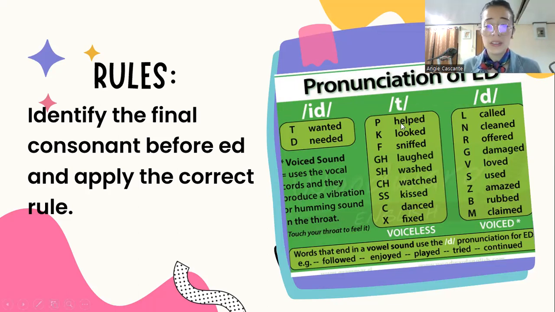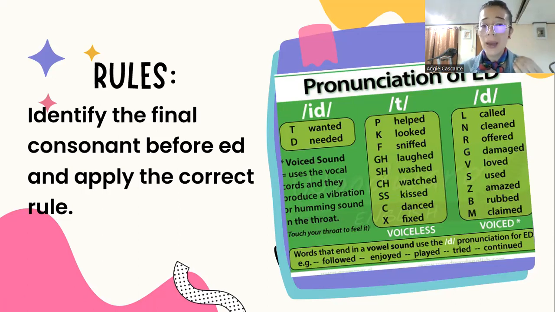These rules say that if you have the final consonant as a P or K, F, G, H, S, H, in this list that you can see here, you're going to make them sound t. So if you have help in present, I help you, I can help you.